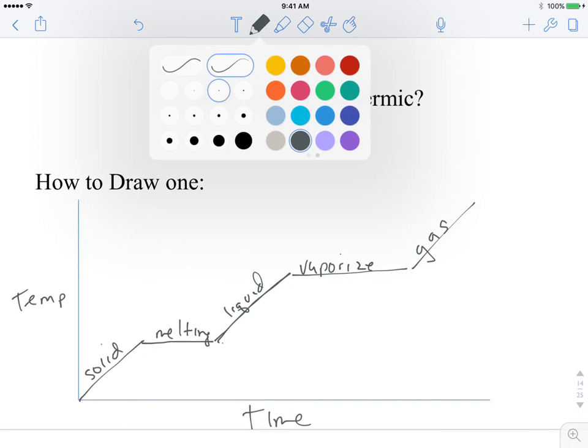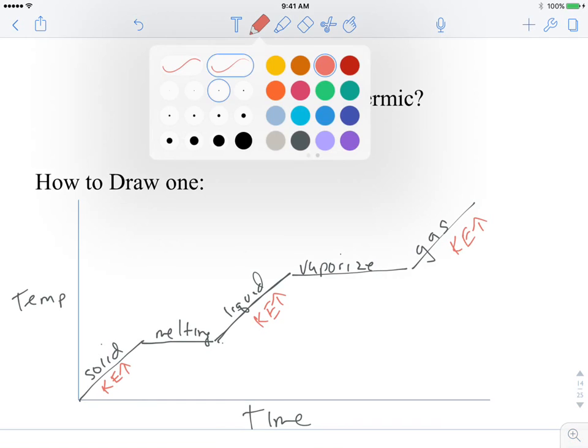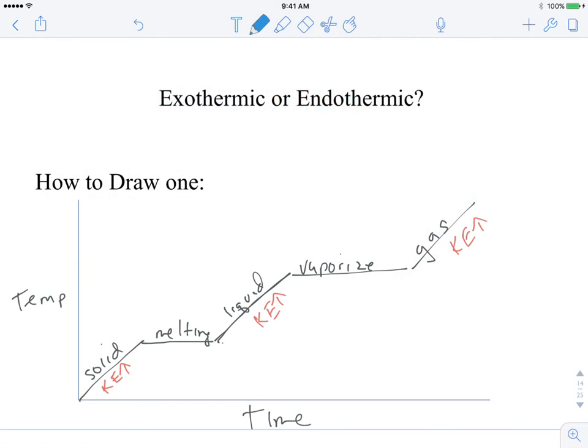With the solid, the liquid, and the gas, you have kinetic energy increasing. And with the phase changes, you have potential energy increasing, while kinetic energy stays the same.